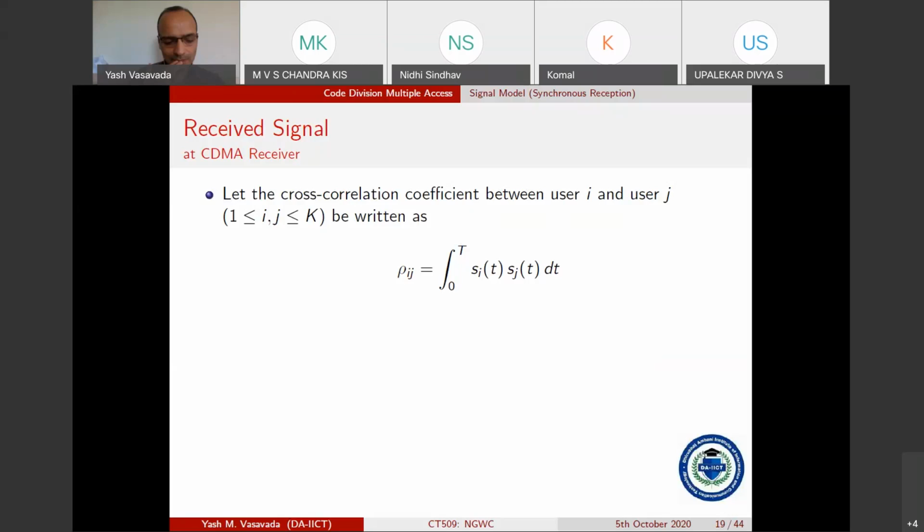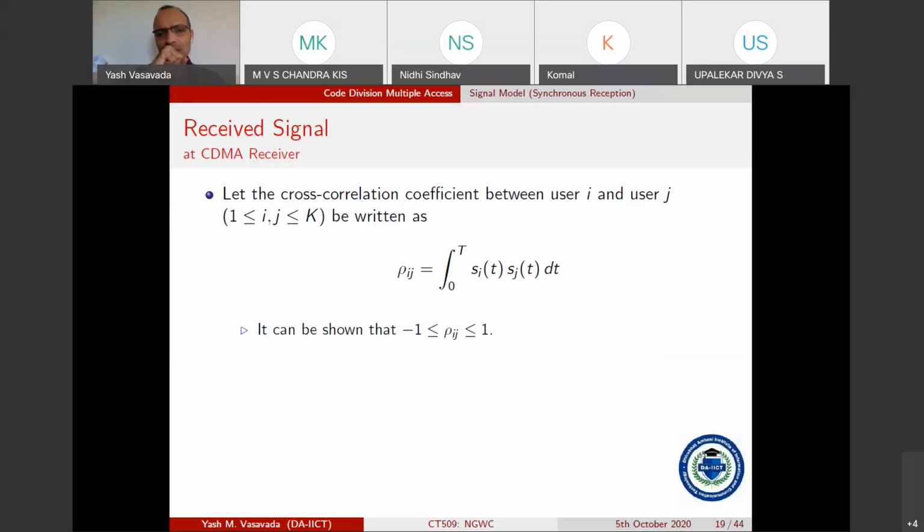When we are finding out the cross correlation between different users, they are either not related to each other or they are related to each other. So always there will be a sign difference if they are not related, and if it is normalized, it will be -1. And if I and J are the same, then it is +1. So it will always be between -1 and +1. Okay, that is fine.